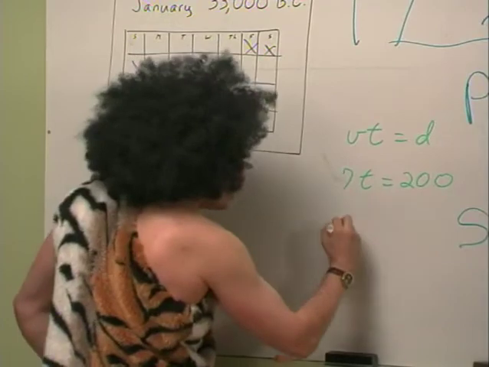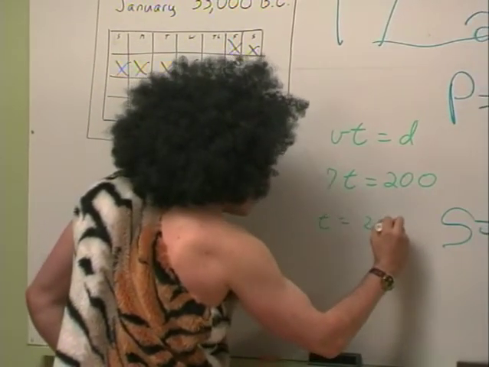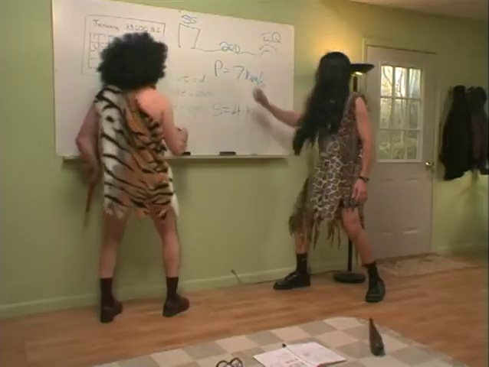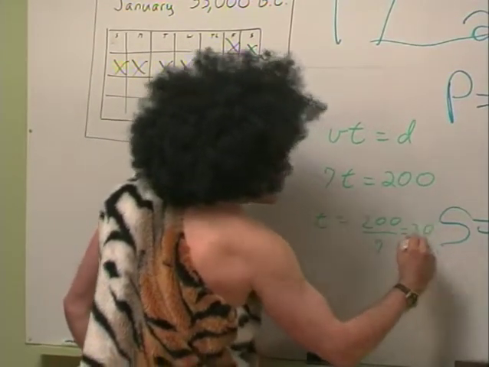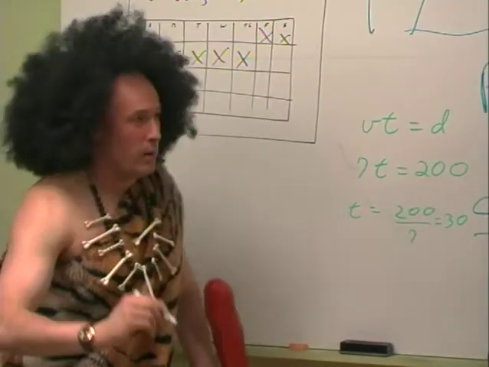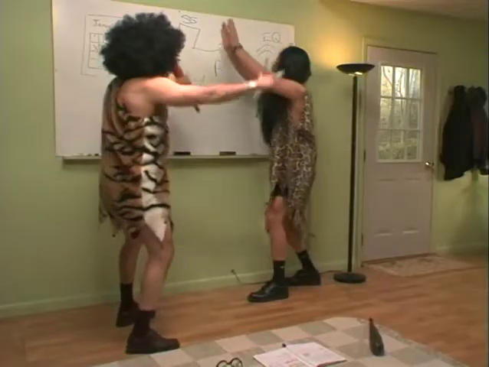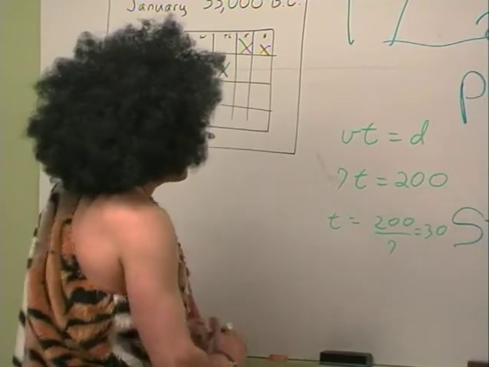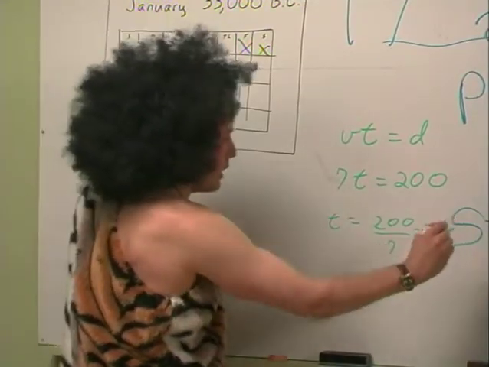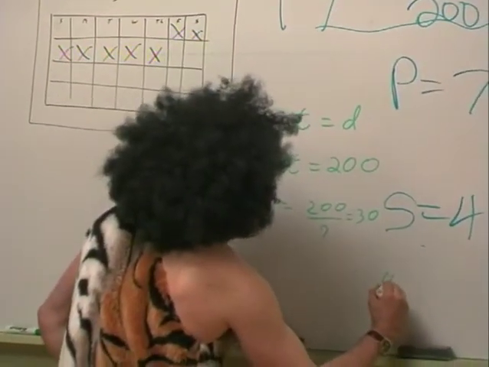Okay. 7T equals 200. T equals 200 over 7 for P wave, approximately. Let's say 30, good round number. 30 seconds, P wave. Okay. S wave. 4T equals 200.